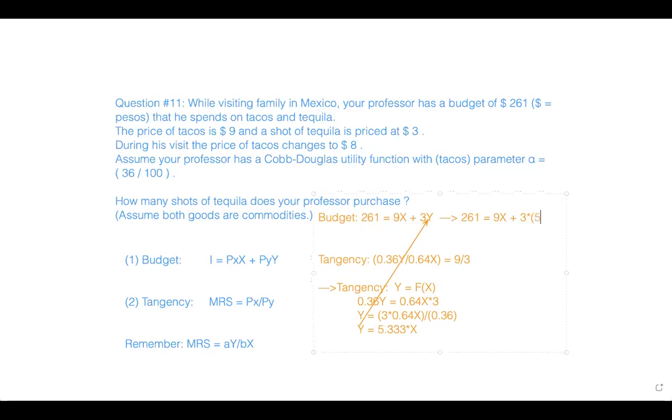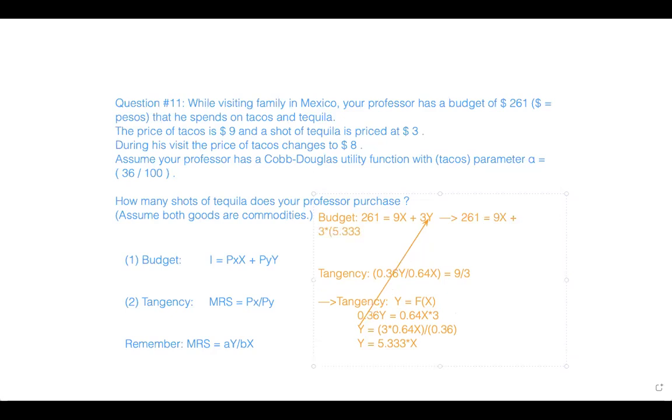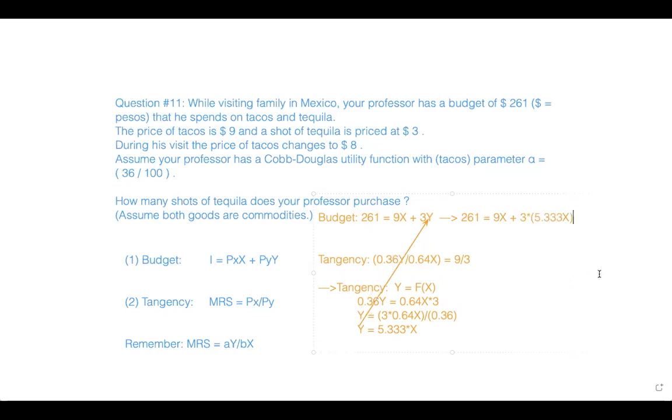So that's the 5.33x. So now I have just one equation in x, and then I can solve for x.